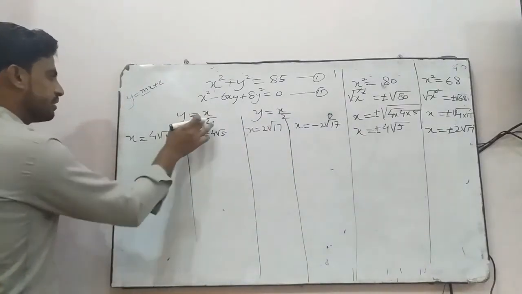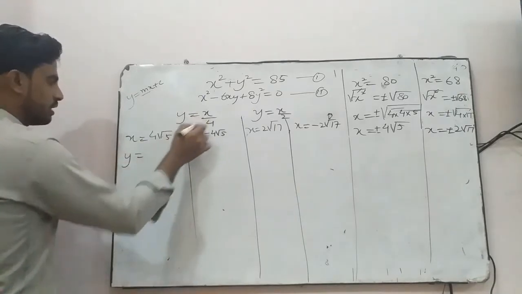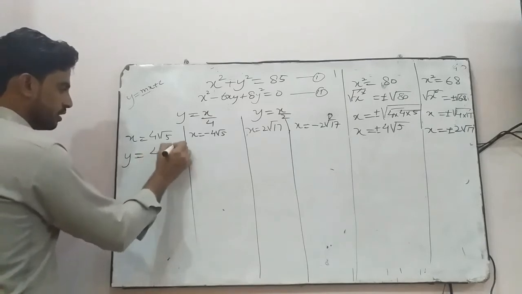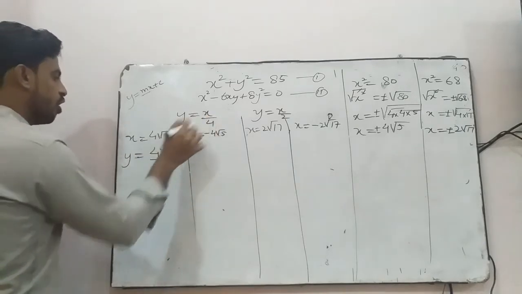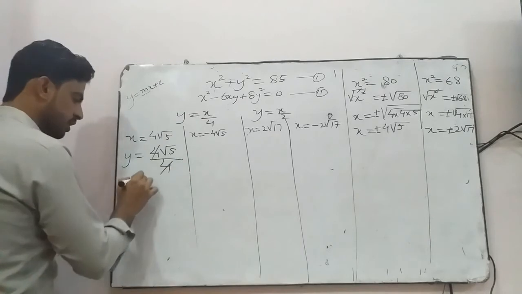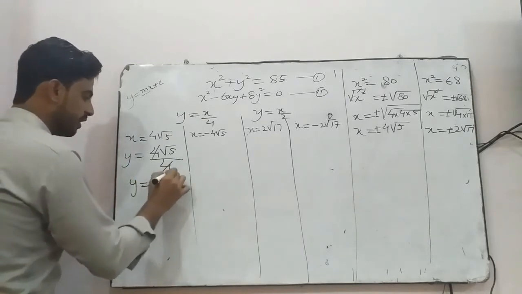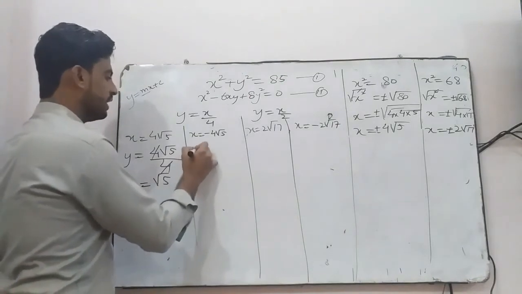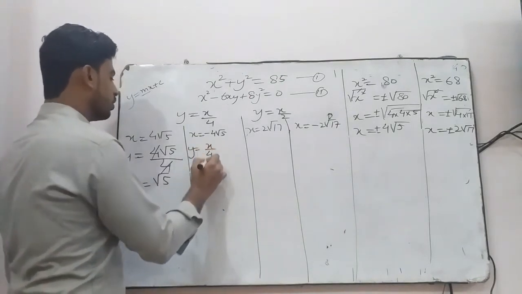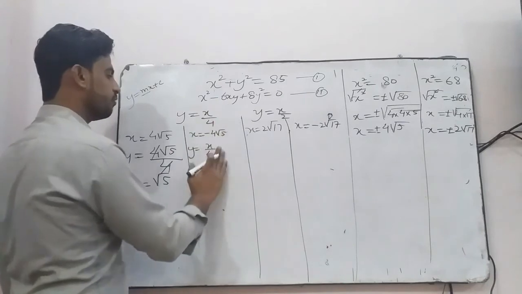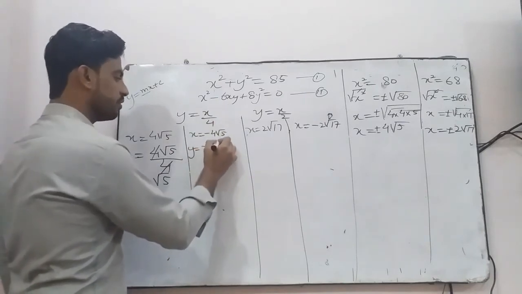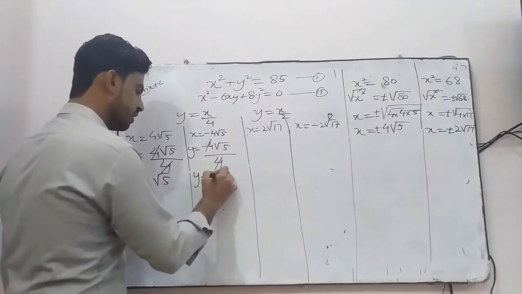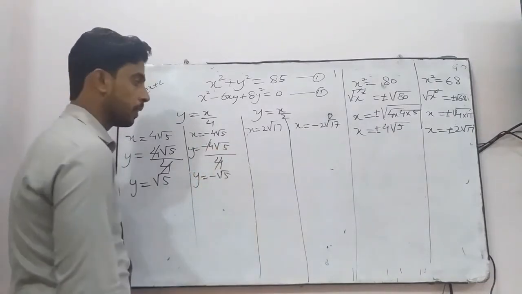So our y is equal to x upon 4, and x is equal to this. So put x as 4√5 upon 4. The 4 cancels, your y is just √5, positive. Now here y is x upon 4, so x is negative 4√5 upon 4, so y is negative √5.